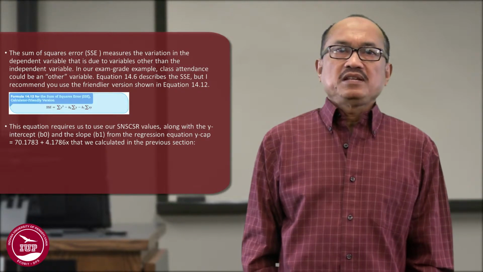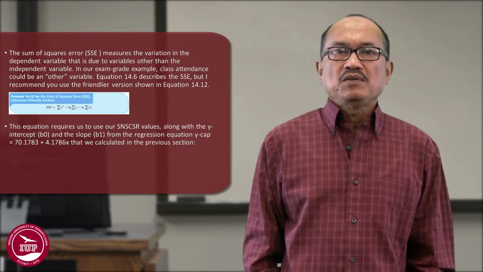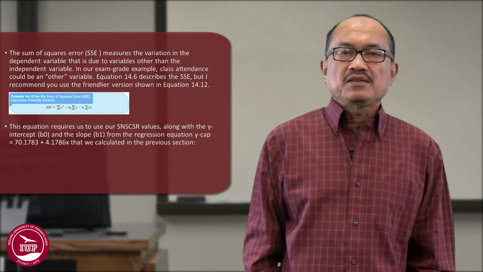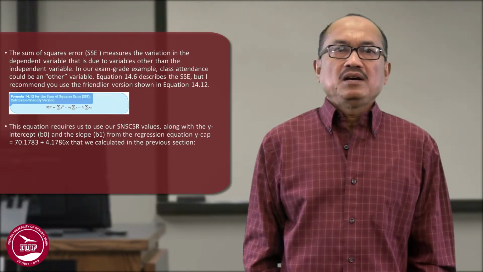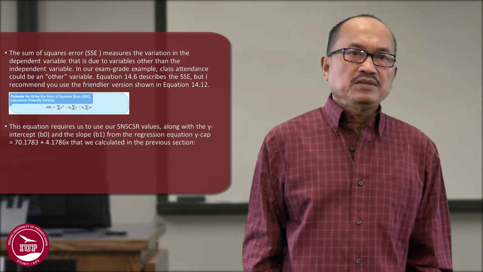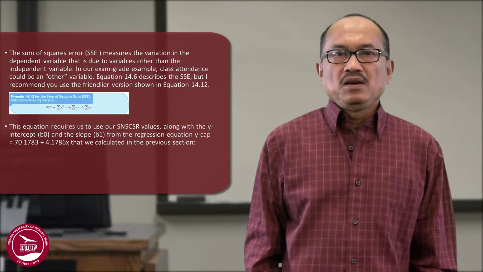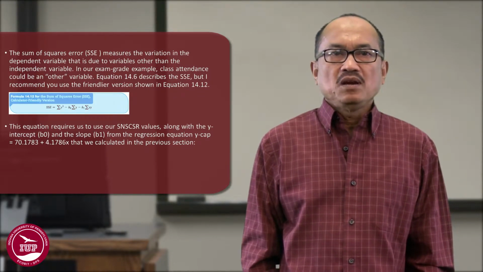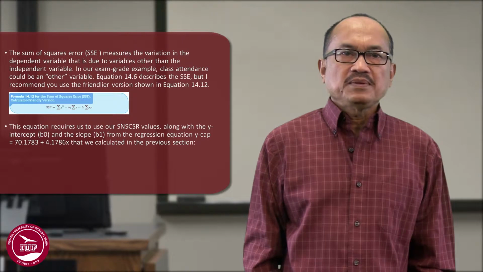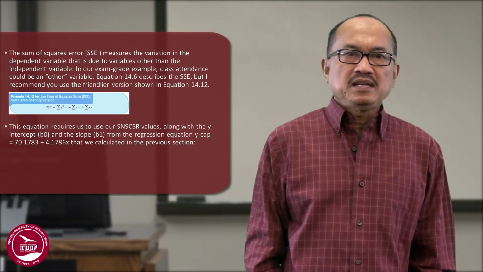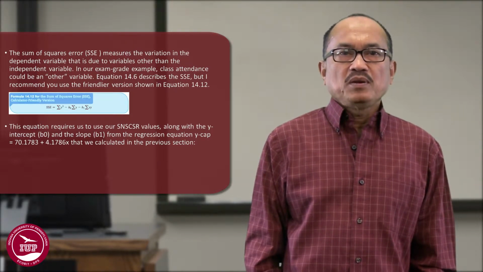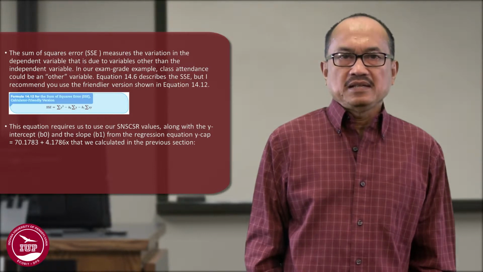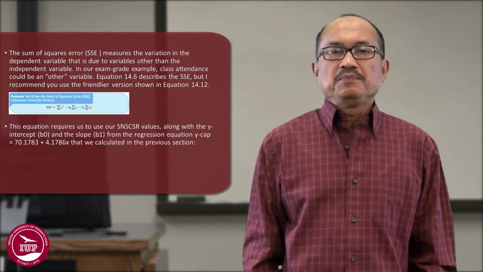This equation requires us to use our sums of squares values along with the y-intercept, or b0, and the slope, or b1, from the regression equation y hat equals 70.1783 plus 4.1786x that we calculated in the previous section.